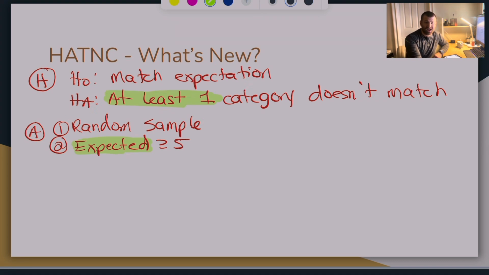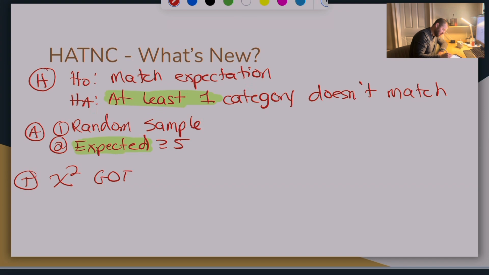But that does not matter. What matters is that the expectation, or the expected number in that particular cell in your table, is 5 or more. I've seen it a million times for a chi-square multiple choice that they have an observed of 2, but the expected in that cell is actually like 7 or 8, so the test is perfectly fine. So don't be fooled. The test is a chi-square test, and it's specifically a chi-square goodness of fit test.